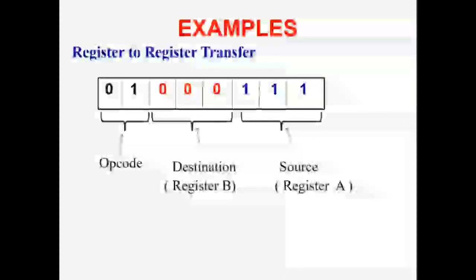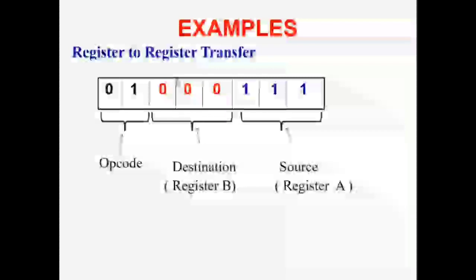Because we said you first move what is in B to register A. So in such a case, we use the register transfer. The code for register transfer, the operation code is 01. Then you mention the destination register. We are going to take B to A. That means the register A is the destination.